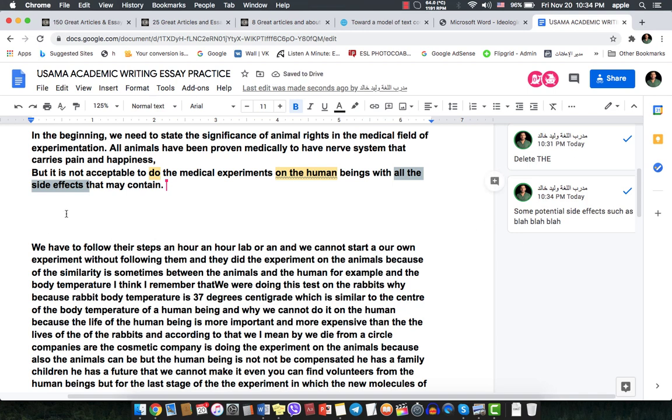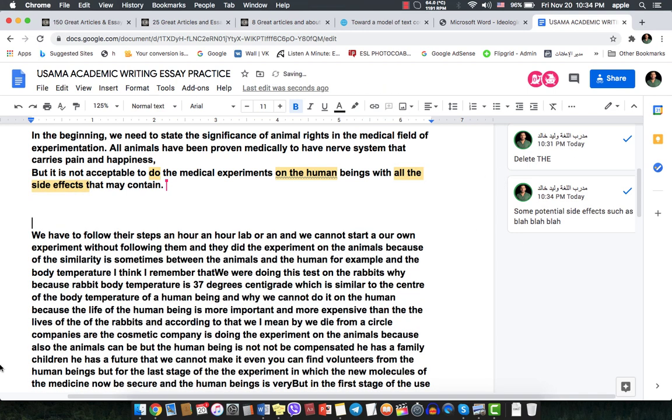But it will be general side effects, because side effects differ from one kind of medicine to another.